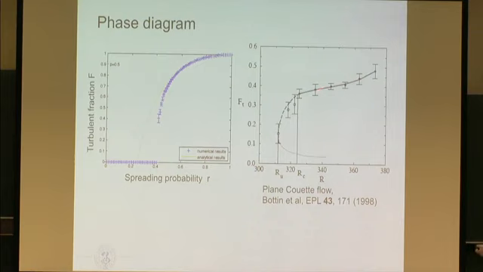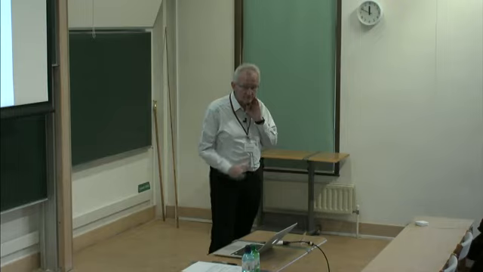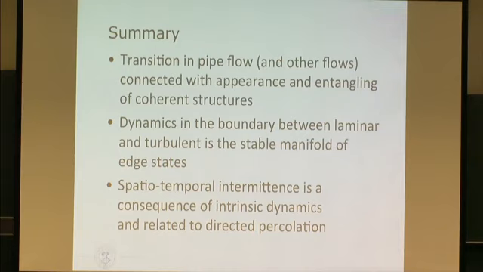It's compatible with this, except that in order to really go to lower fractions, you need bigger and bigger systems, and the experiments end at about 15 to 20%, and that's not good enough yet to confirm that this is a second-order transition and not, as was indicated here, a first-order transition. There is a latest batch of experiments that brings this down, and in that sense it's consistent with a second-order one. So, this was a tour de force, but if you have questions, I'll still be around for a while.